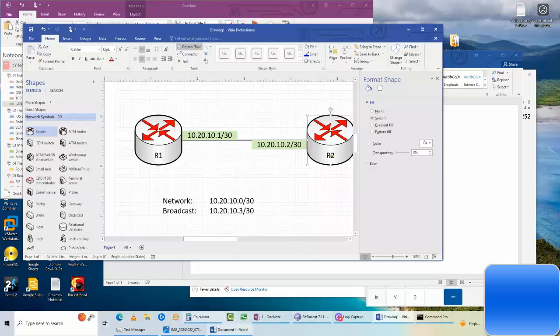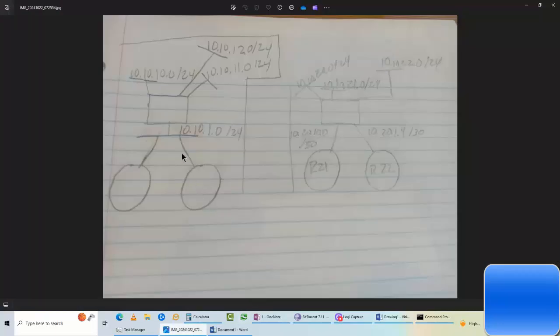Now let's go back and take a look at the diagram. Look how I draw these point-to-point links, going from device to device, and look how I draw it if I have more than one link on an actual connection.